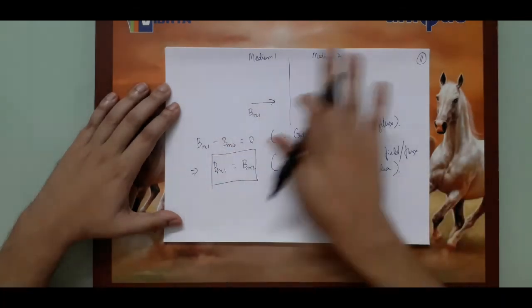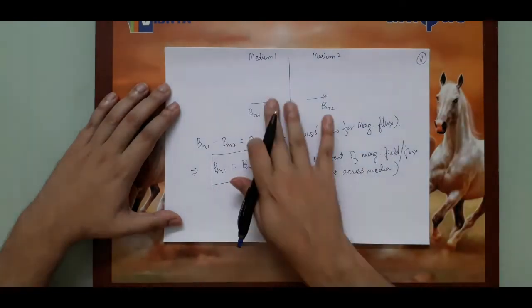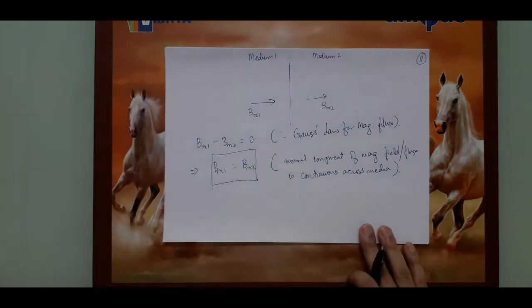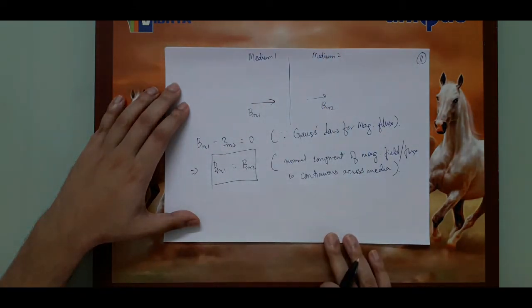So even when the field line is traveling from one medium to another medium, the normal component is not changing, just like how the tangential component for the electric field is not changing.